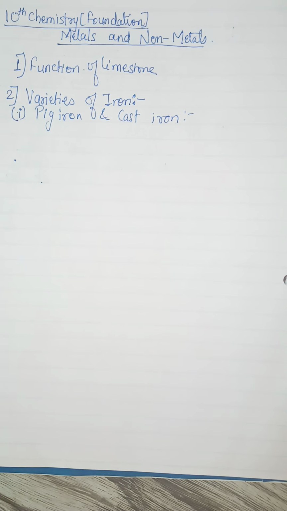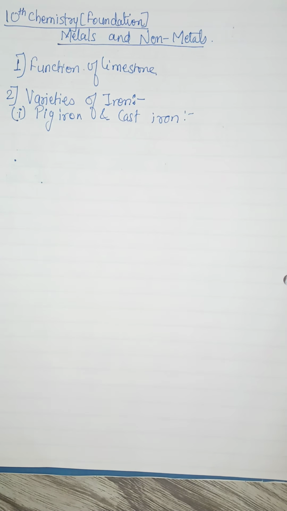So pig iron is melted, mixed with steel scrap and allowed to cool in molds to give cast iron, and cast iron is also an impure iron and is hard and brittle. Both are impure, with a high quantity of carbon.